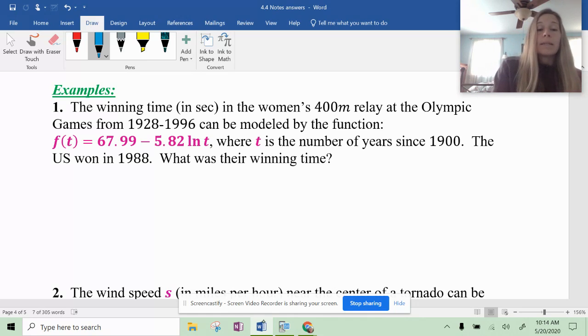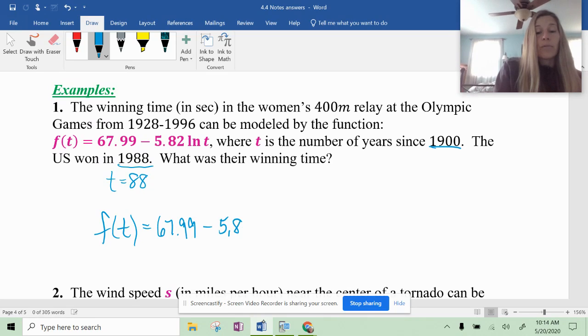So 1988 would mean how many years from 1900? So we know that that's going to be 88. So if we wanted to work out this function, all we're going to do is substitute that number in. So 67.99 minus 5.82 times ln of 88. And then you're just going to see what that equals.